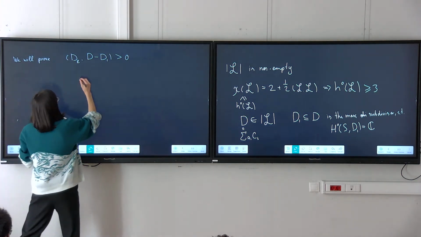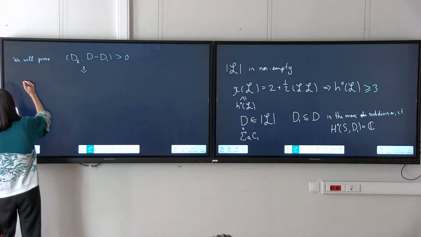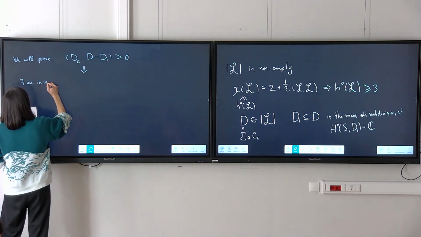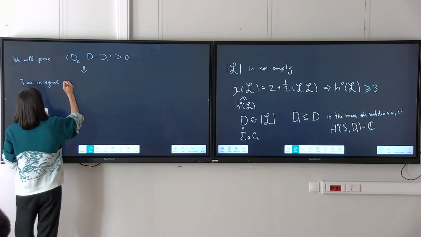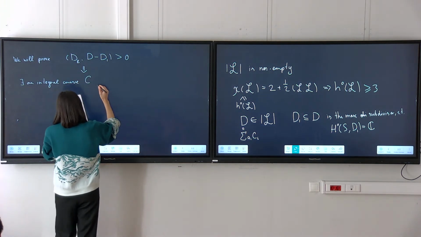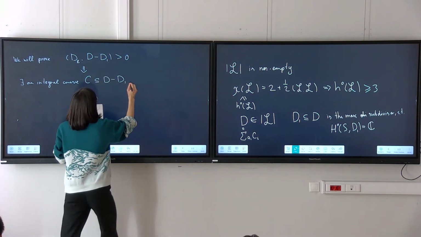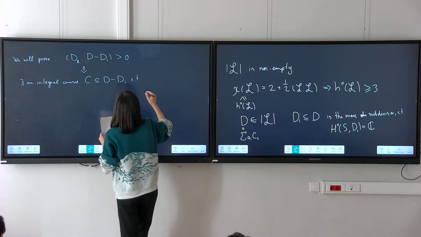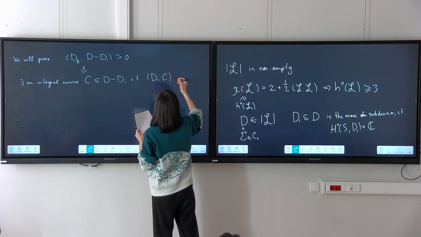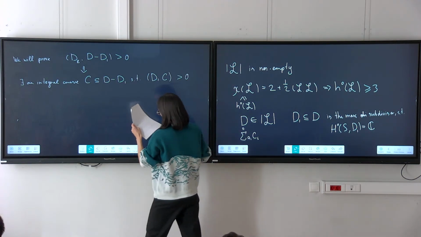Okay, so what does it mean? This means that there exists an integral curve C in this divisor such that D1 intersects C positively.